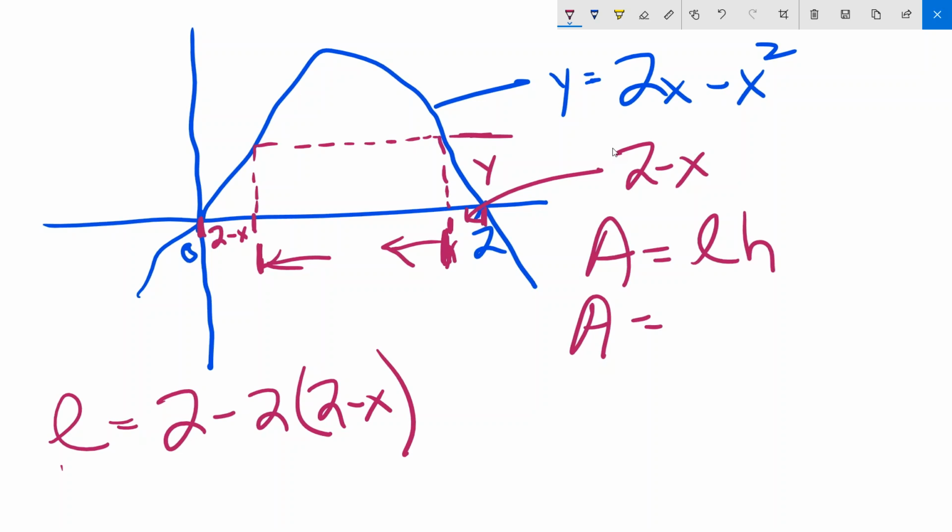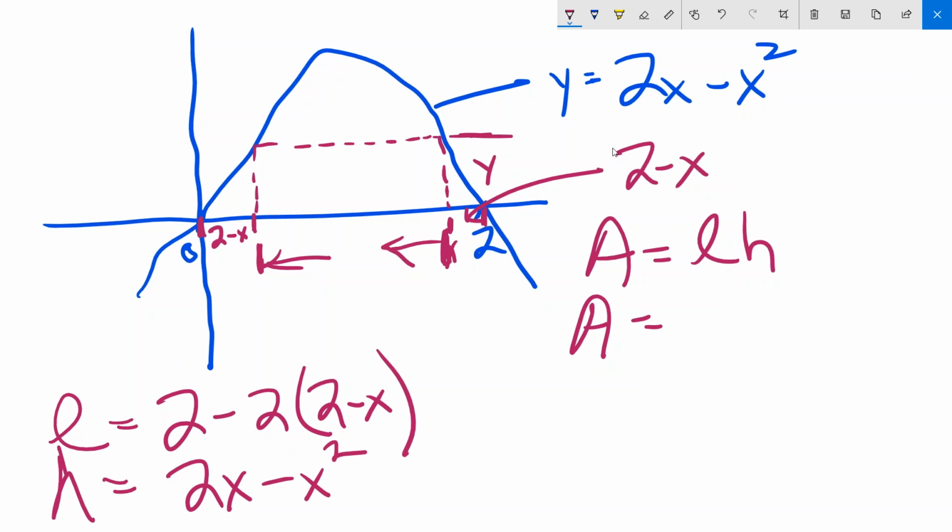What's the height? That's y. Okay, let's make it a function of x. What's y equal to? What's that function up there in blue? Oh, 2x minus x squared. That's what y is, whatever the function is.